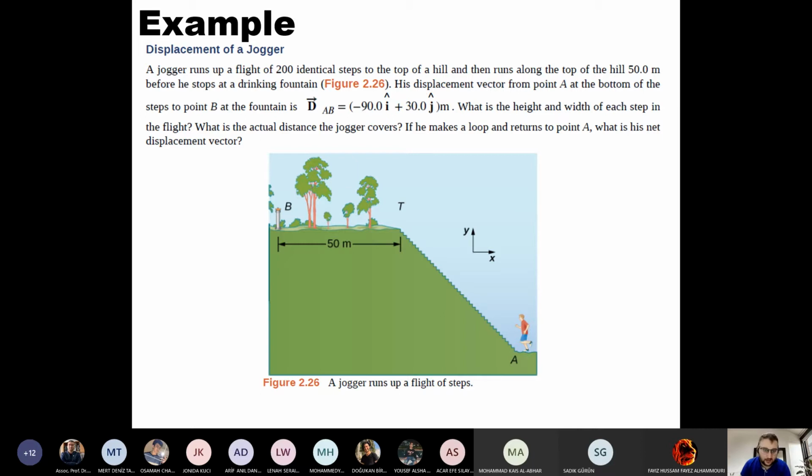So what is the height and width of each step in the flight? What is the actual distance the jogger covers, and if he makes a loop and returns to point A, what is his net displacement vector? Okay, so we are going to find it. They give that this distance is 50 meters in the figure.